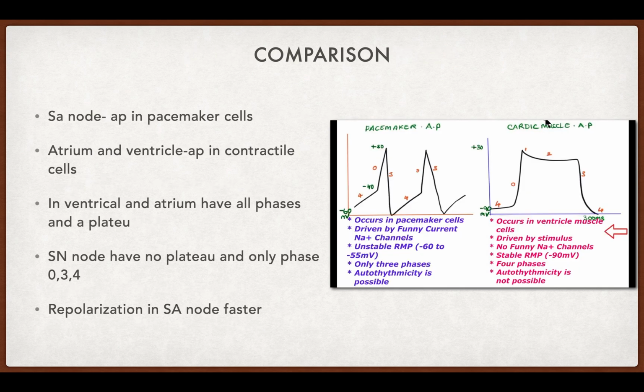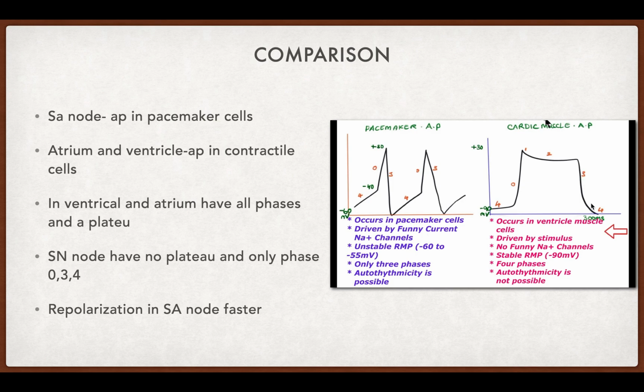Okay, so let's compare the contractile cells to the pacemaker cells. The SA node is going to determine the action potential of all of the pacemaker cells, unless something has damaged that SA node. So in the atrium and the ventricle, the action potential will propagate into the contractile cells. And in the ventricle and atrium, they have all the phases and a plateau.